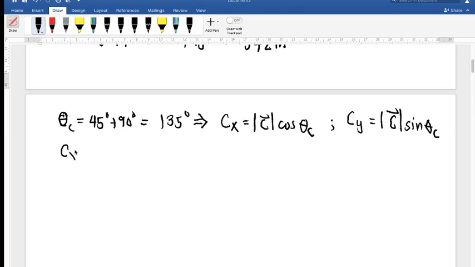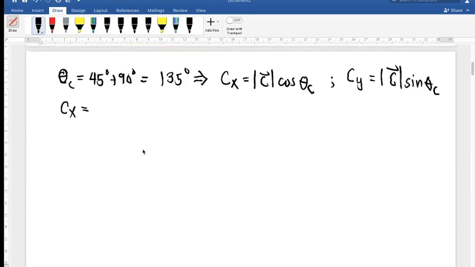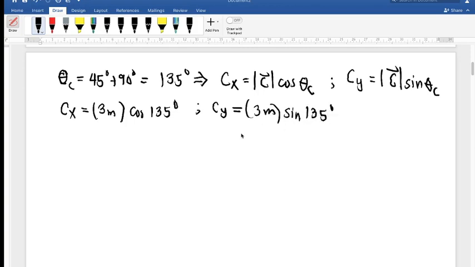So your Cx, what is the magnitude of C? That is equal to 3 meters. You just have to substitute 3 meters here. Tapos your cosine of theta C is cosine of 135 degrees. Same lang din sa Cy, the magnitude of C is 3 meters, tapos yung sine of theta C is sine 135 degrees.